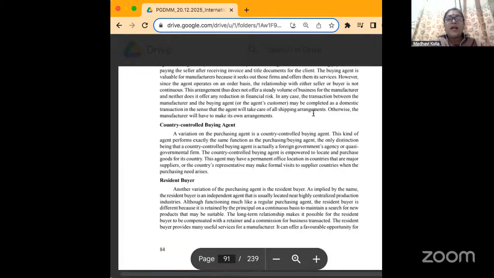The next one is a country controlled buying agent. We have considered earlier that certain nations insist that companies who are selling in their nation have to go through the state-owned buying agents, and this is particularly true for certain types of products.